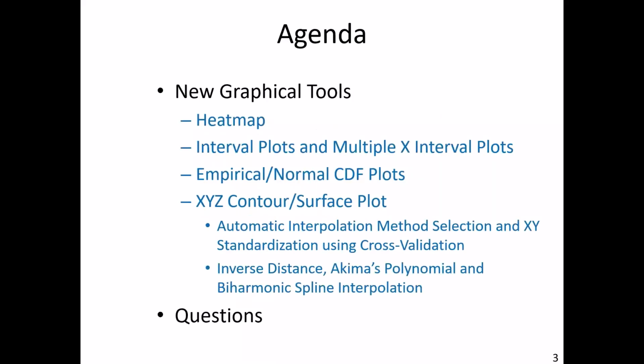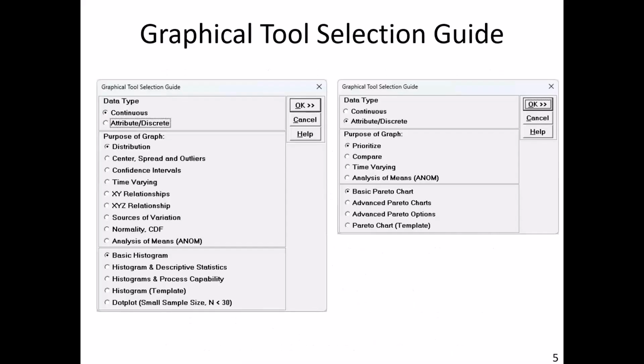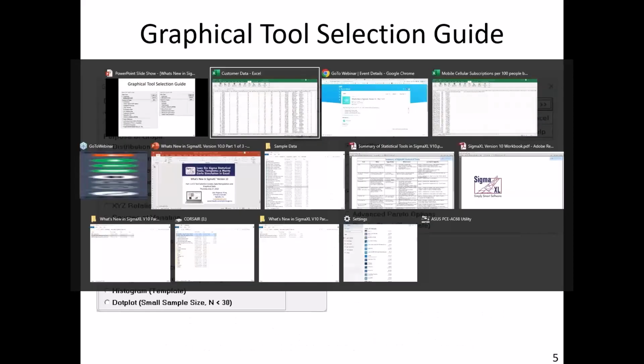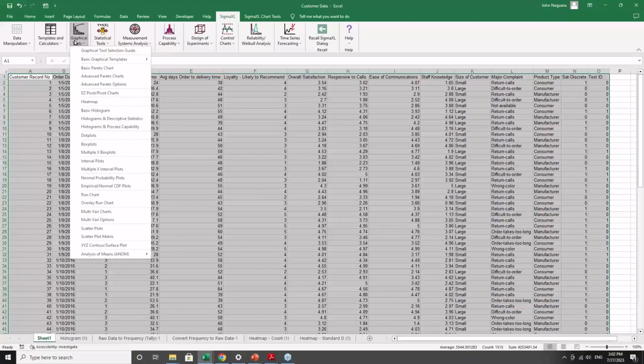We'll look at the new graphical tools, Heatmap, interval plots and multiple X interval plots, empirical, normal, cumulative distribution function plots, and the XYZ contour surface plot, and then Q&A. We'll begin with the graphical tool selection guide. I have everything on PowerPoint, but I will start with the graphical tools.